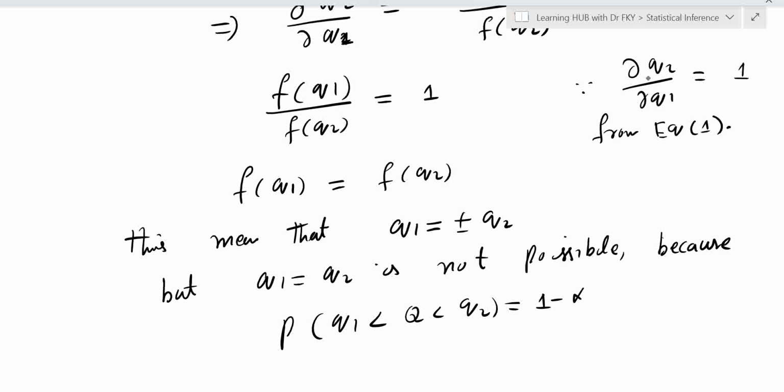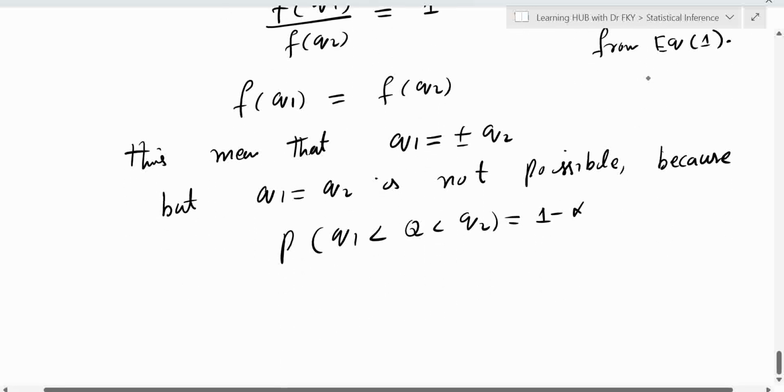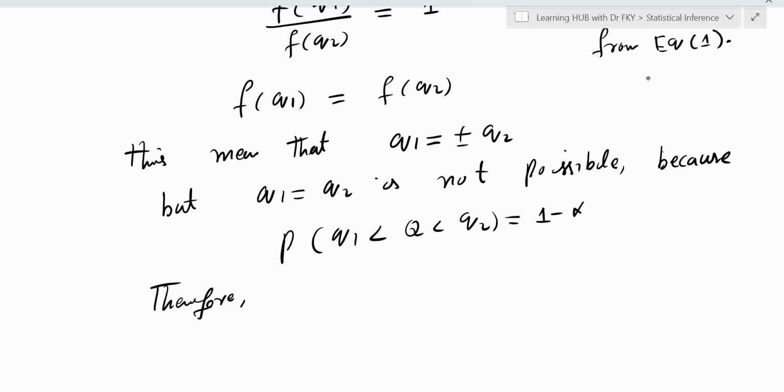If this is the same point, like Q1 equal to Q2, then this probability is not like this. So because of this, we say that Q1 is not equal to Q2. Therefore Q1 is equal to minus Q2. So these are the 2 points which we needed to calculate.